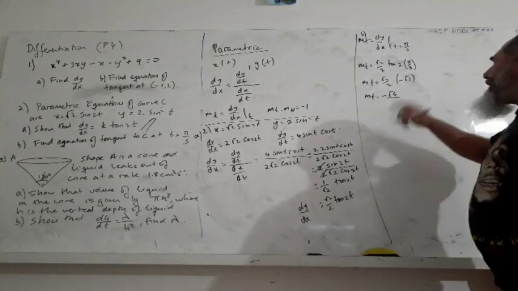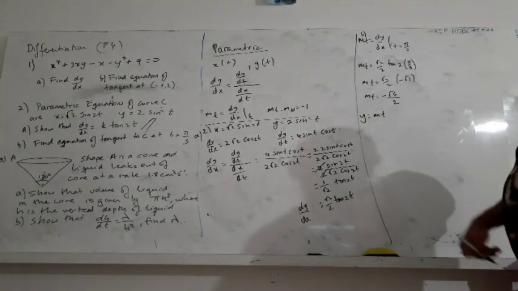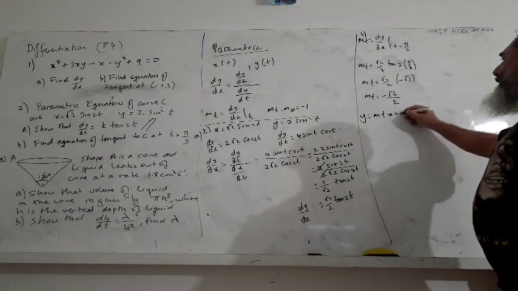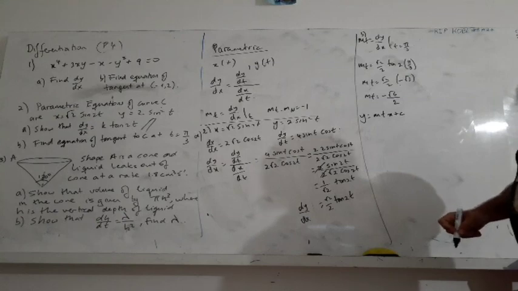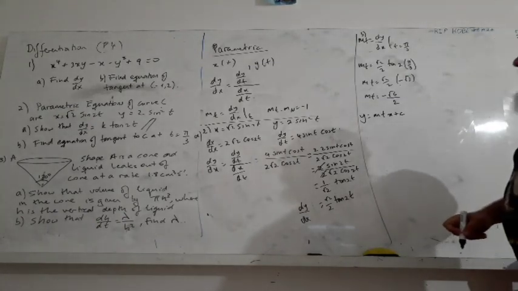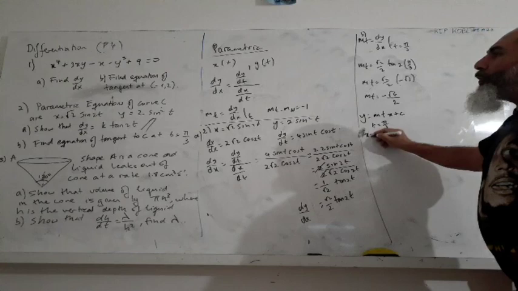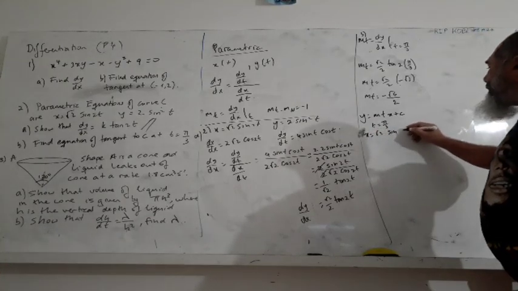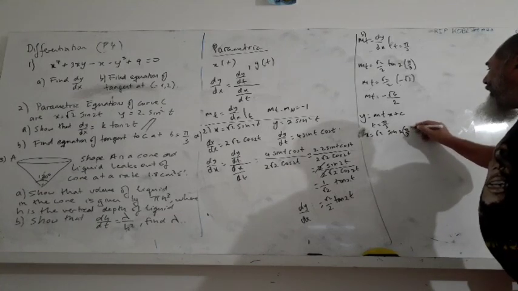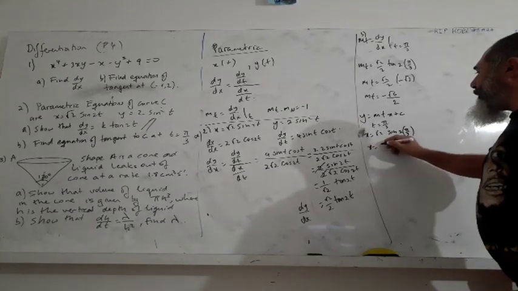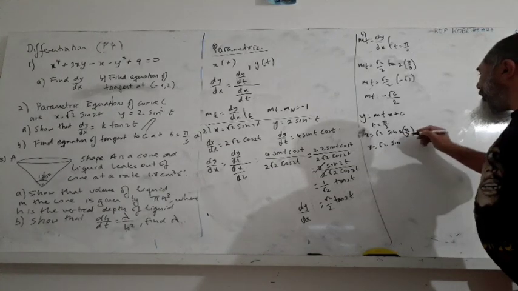So the equation of the tangent is y equals gradient times x plus c. We don't know the corresponding point when t is equal to pi over 3, so let's find x when t is equal to pi over 3. x is equal to root 2 sine 2 times pi over 3, which is root 2 times root 3 over 2.